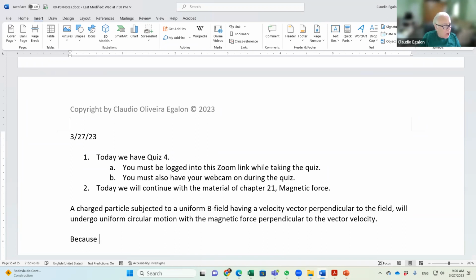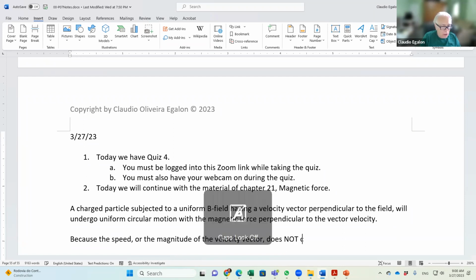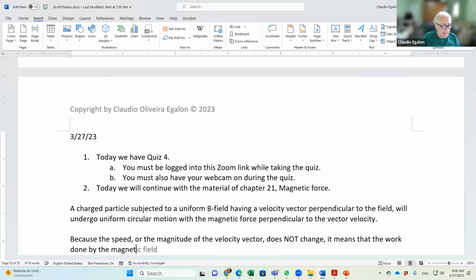Because the speed, or the magnitude of the velocity vector, does not change, it means that the work done by the magnetic force will be zero, okay?